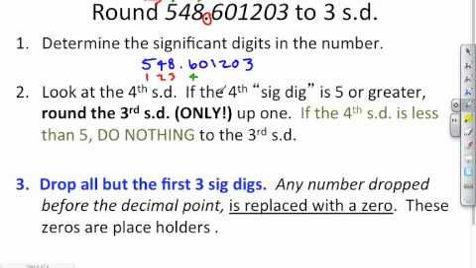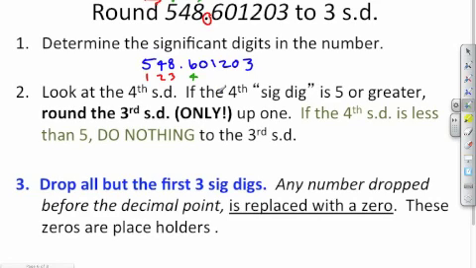If that number is a 5 or greater, then it is going to round the last digit you're trying to round to. In this case, the 4th digit is going to round the 3rd digit, the 8. So the 6 is 5 or greater, so it's going to round the 3rd significant digit, that 8, to a 9. So we round that digit and that digit only up 1.